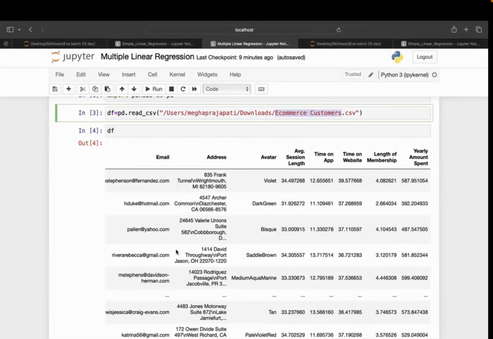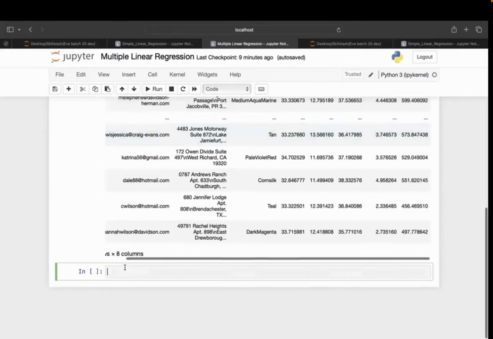Okay, so let me write it down. The data set contains data of customers who buy clothes online.